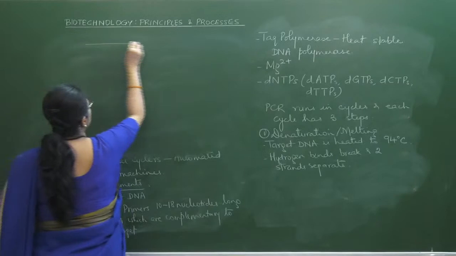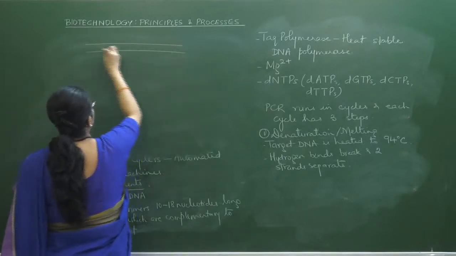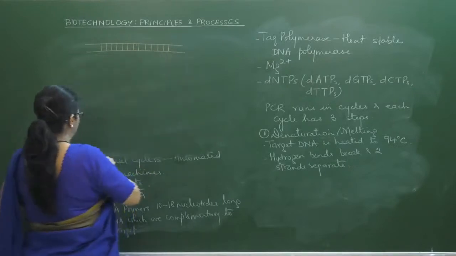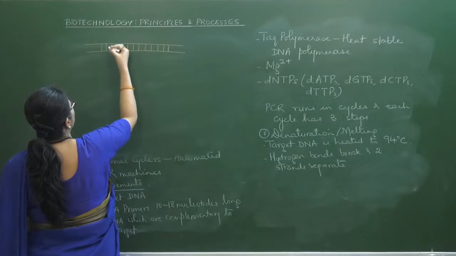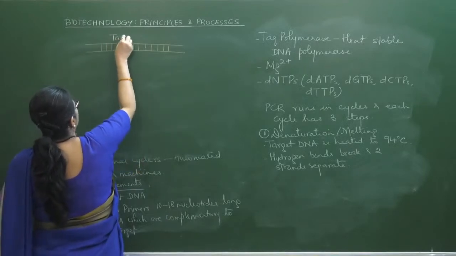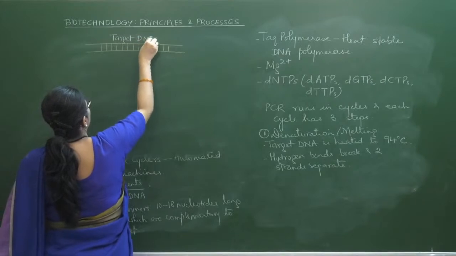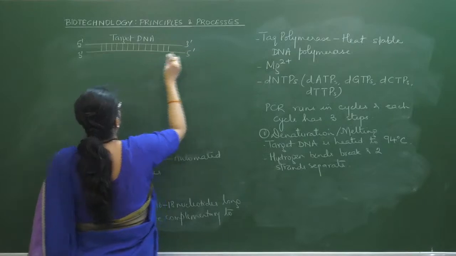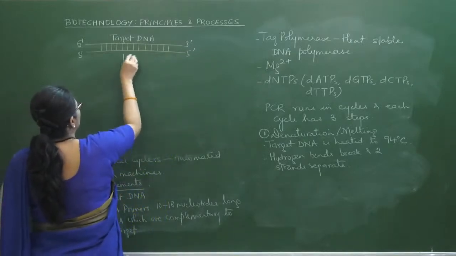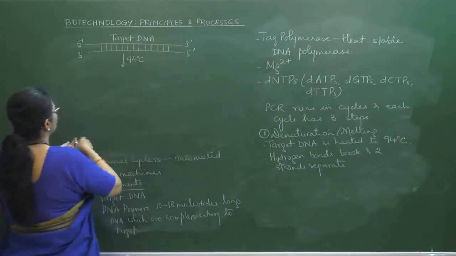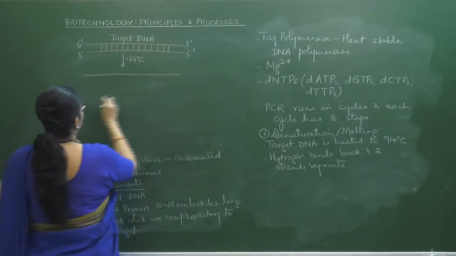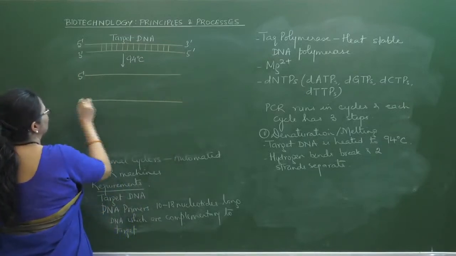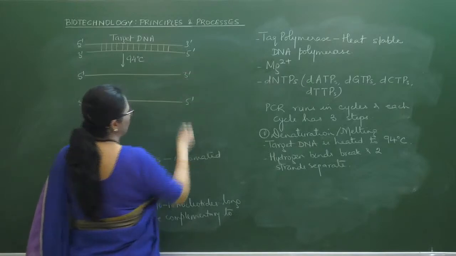Suppose this is our target DNA, and in this part we want to amplify. By heating to 94 degrees Celsius, the 2 strands have separated, like this.